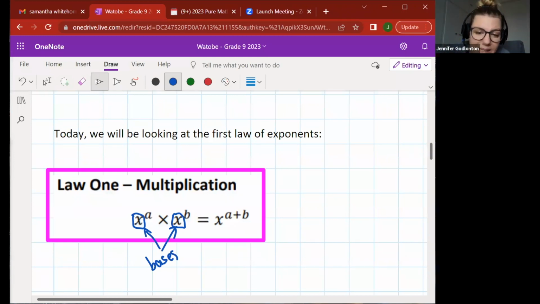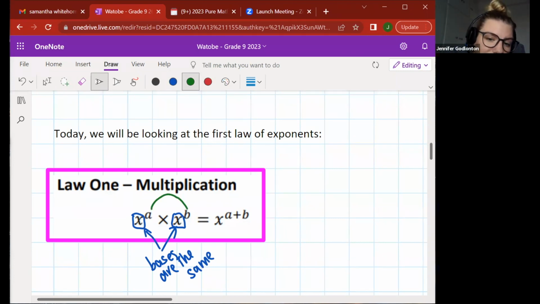So when the bases are the same, you can see that they are both x's, and we are multiplying those two things that have the same base, then we are allowed to add the exponents. So our base stays as that x, and we can add those exponents.